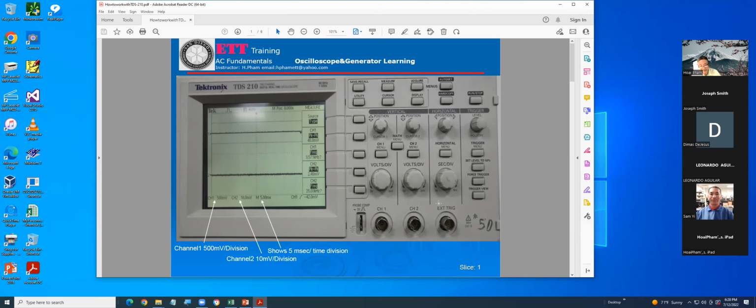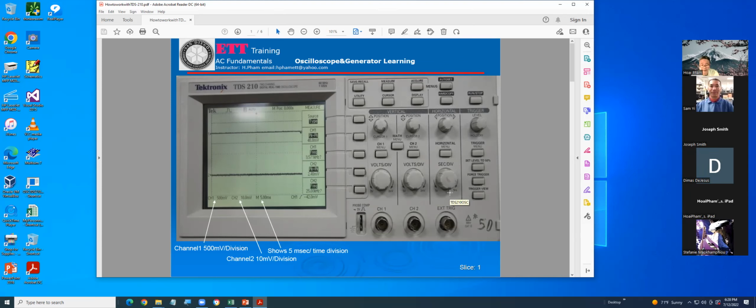You should understand there are two different scopes: an analog scope and a digital scope. They work the same. The oscilloscope is a time domain instrument.